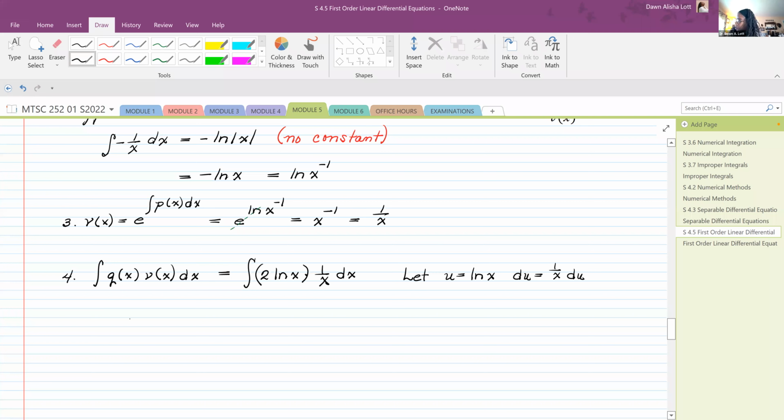So we're looking pretty good here. I can pull the 2 out and I get the integral of u, natural log is just u, and 1 over x dx, we can completely substitute out as du.